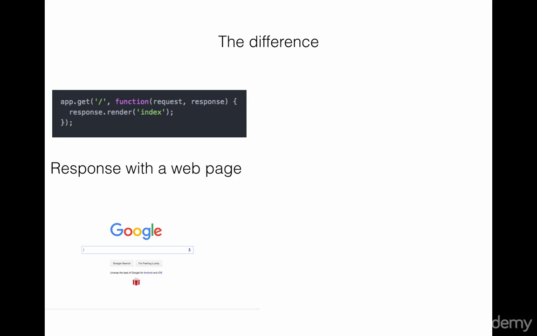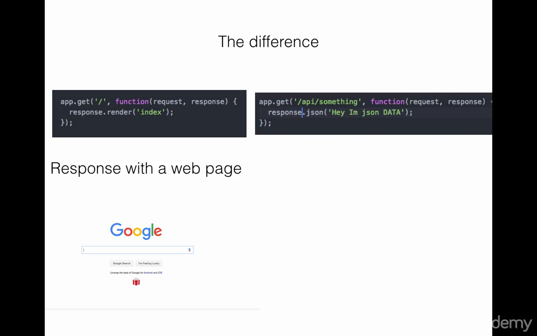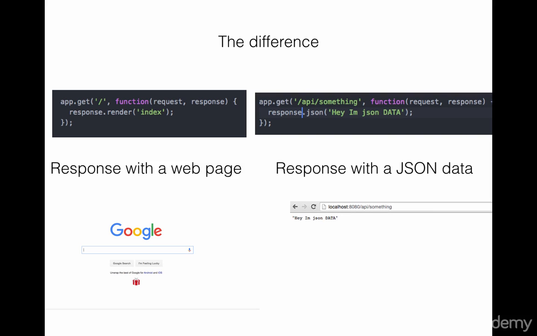On the right side, it is actually an API. It is responding with data, not a web page. It is good to use an API when it comes to writing a native mobile application, but I won't get into that. Just want to let you guys know, an API is just data.